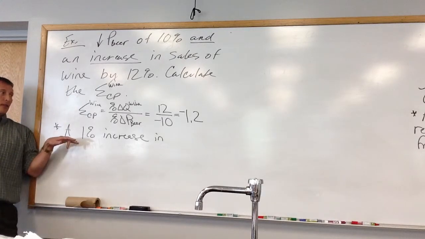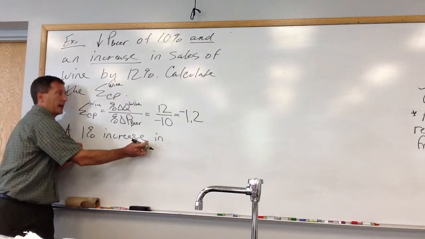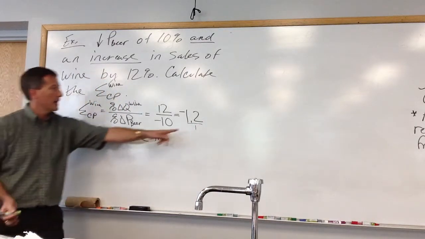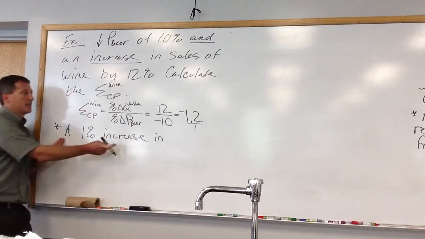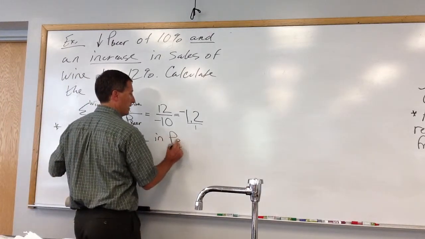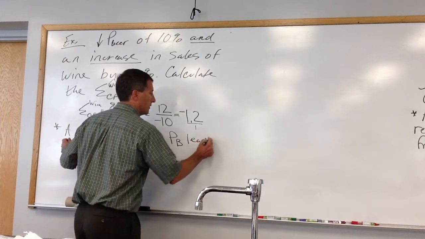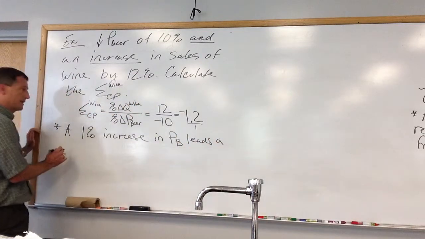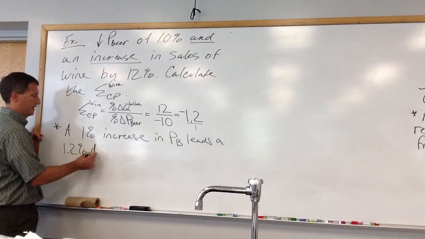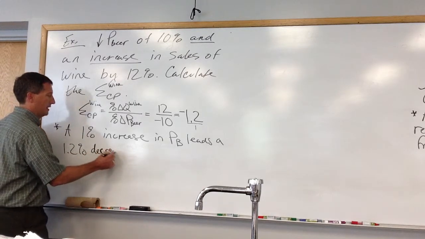So we always start off this way, by the way, because we always take that number and put it over 1. Our little trick now that we got. A 1% increase in the price of beer leads to a what? A 1.2% decrease in the quantity of wine. Good. All right.